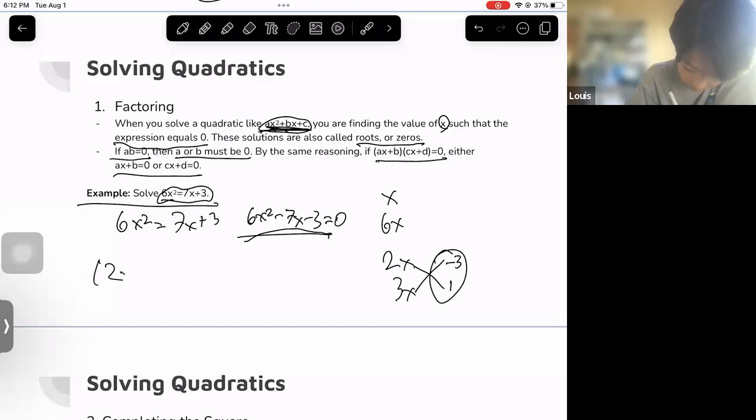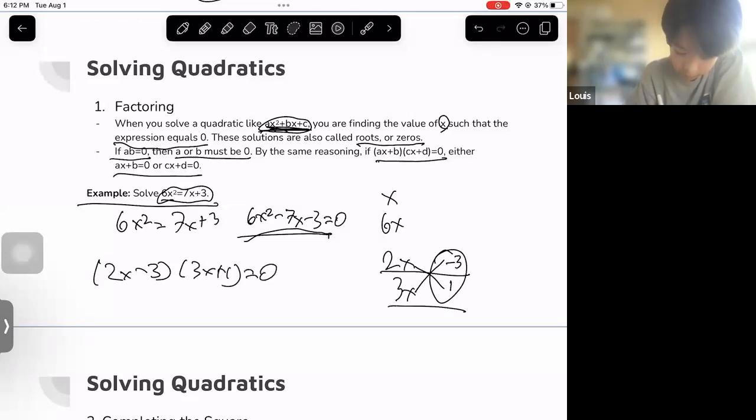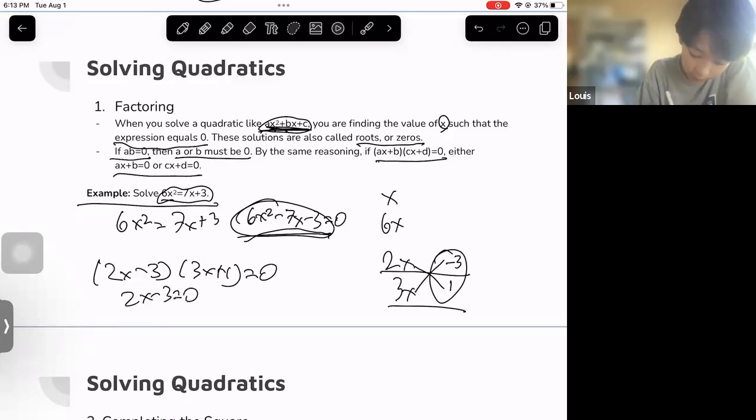So it would be 2x minus 3, which is this row, times 3x plus 1, which is this row, equals 0. We can multiply them out and find that it is this expression right here. So the answer would just be 2x minus 3 equals 0, or 3x plus 1 equals 0.